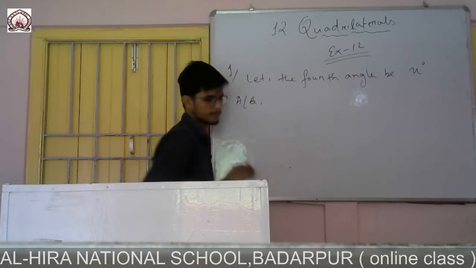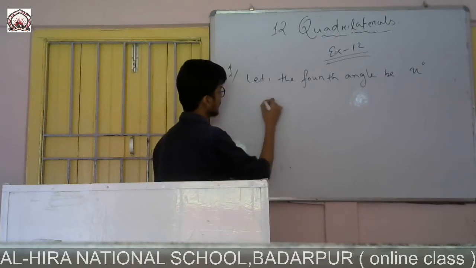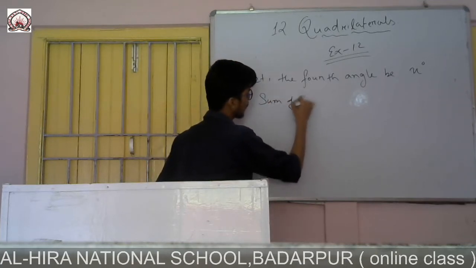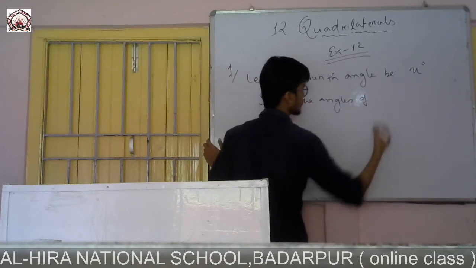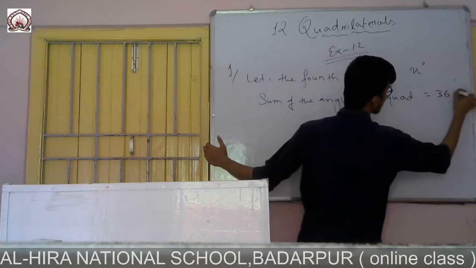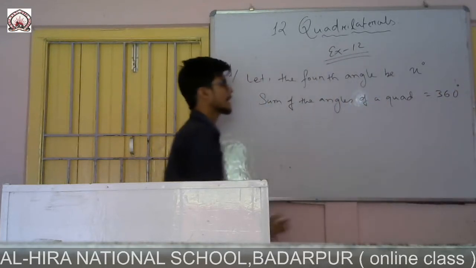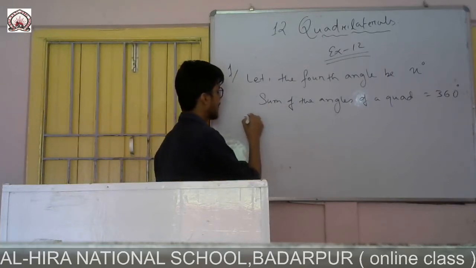According to the question, you write: since the sum of the angles of a quadrilateral is equal to 360 degrees. What are the angles given?